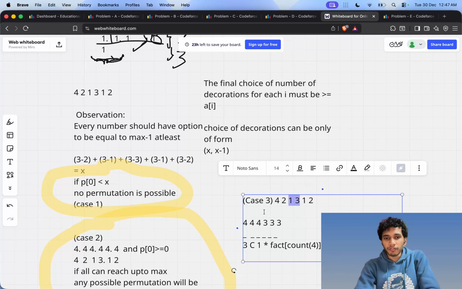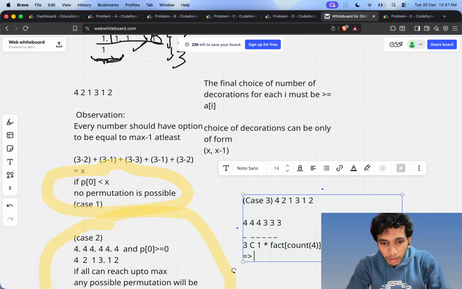And even if 1 comes here, we know that we have P0 in excess amount, so we can do 3 iterations on any possible permutation, and then one will be left over with us, such that this particular value translates to 4. If you do not understand this part, listen to this again.